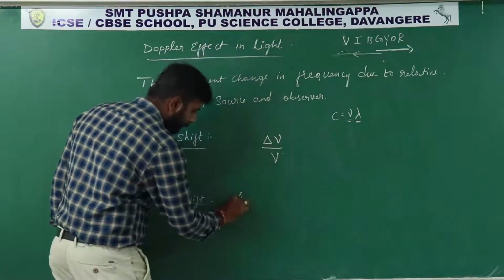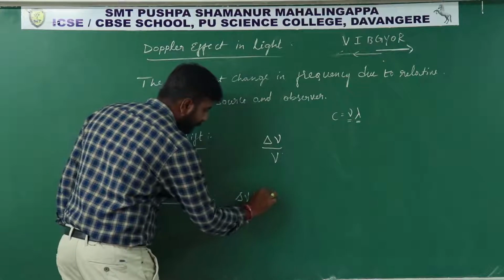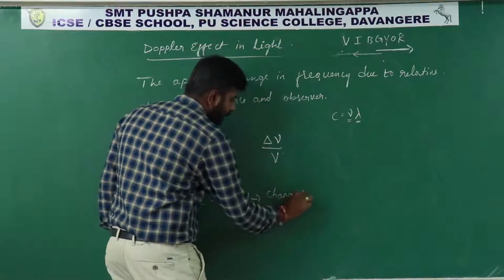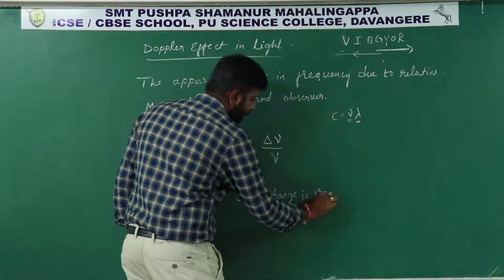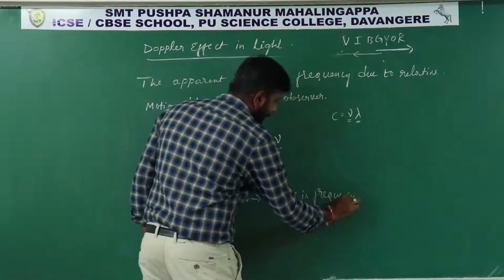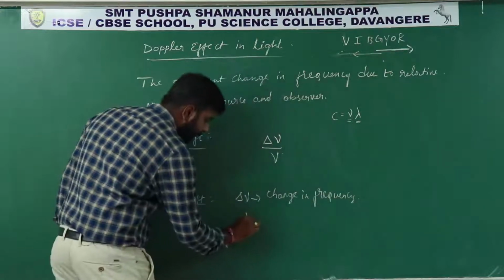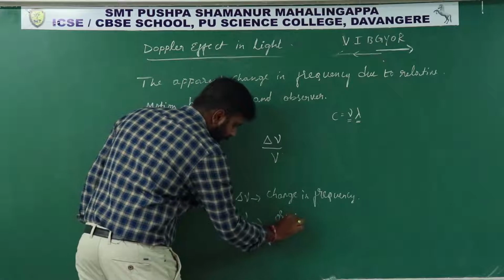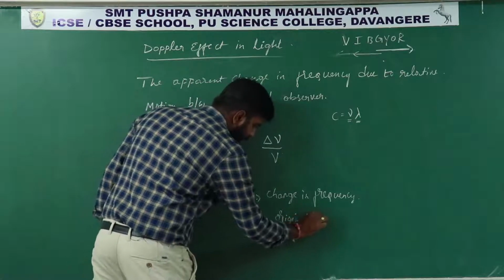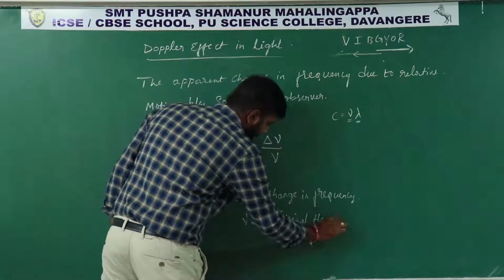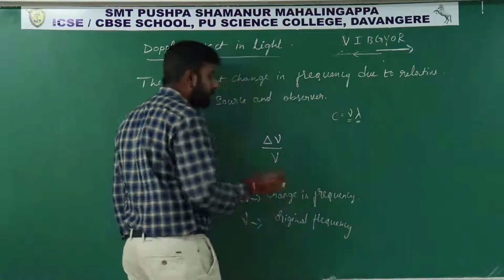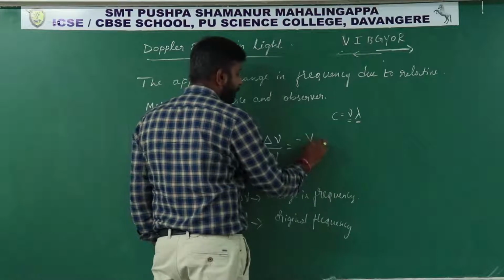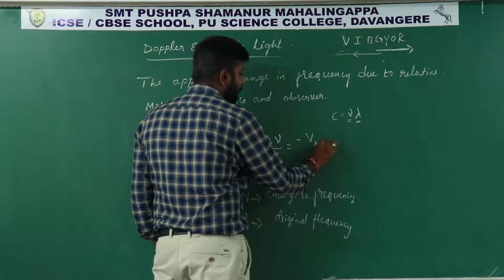Here delta nu means change in frequency, and nu means its original frequency. Change in frequency by original frequency is equal to minus V radial divided by c.